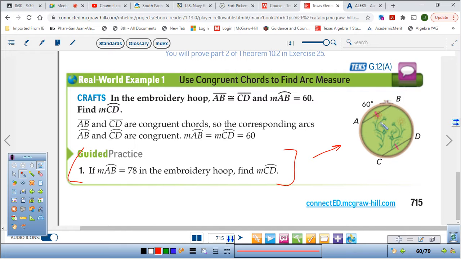Copy this. You don't have to put the little figures here, whatever these roses or lilies are. We're going to find the measure of arc CD. Here they're saying the measure of the arc is 78. What is arc CD?